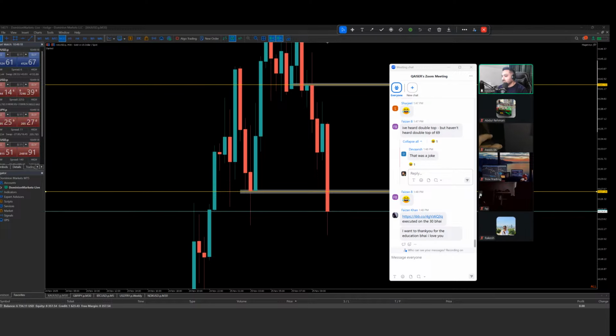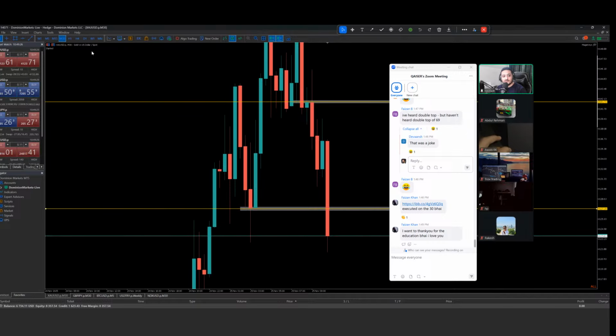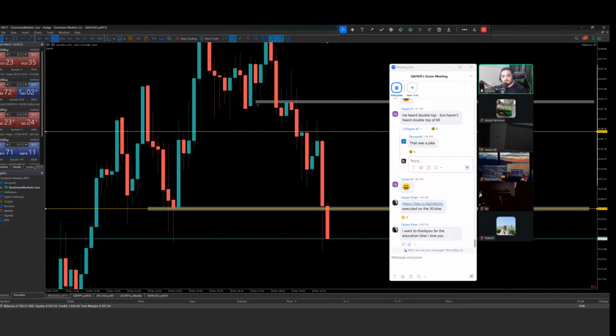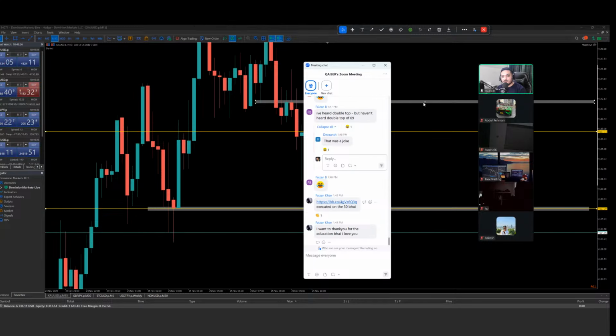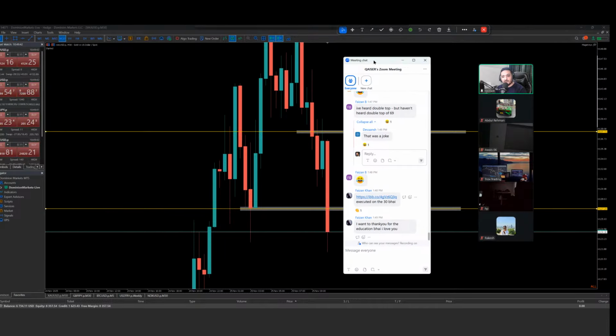So yeah, just waiting for some structure to be formed. I can't see anything, man. 15. Yeah, I need to readjust the zones here. We are having this resistance area on the 30-minute and on H1 as well.